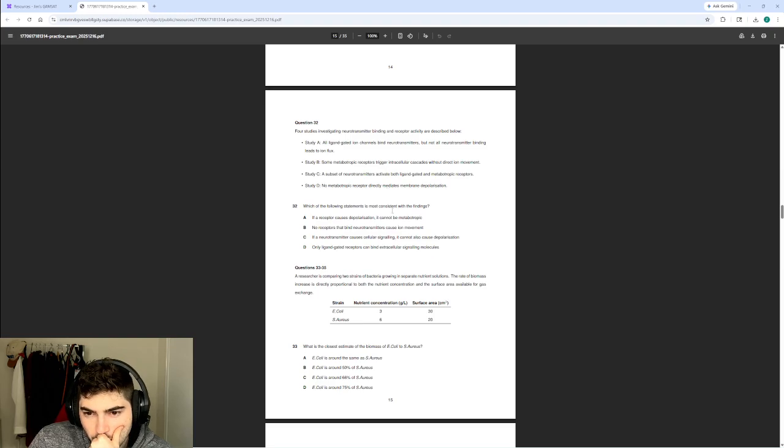Yeah, I guess what I'm struggling with most in this question is that it's not one for one, right? Words like, no receptors that bind to neurotransmitters cause ion movement. So there's ion movement, there's binding neurotransmitters, there's ion flux. I'm not sure if they mean the same thing. I'm assuming they do. And is this ligand-gated ion channel a receptor? Let's say it is.